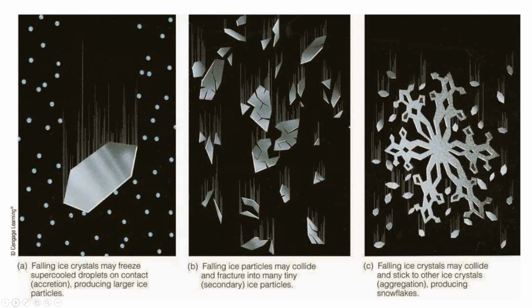That's accretion, producing larger ice particles. Next, falling ice particles may collide and fracture into tiny secondary ice particles. Falling ice crystals may also collide and stick to other ice crystals, the process of aggregation, producing snowflakes.